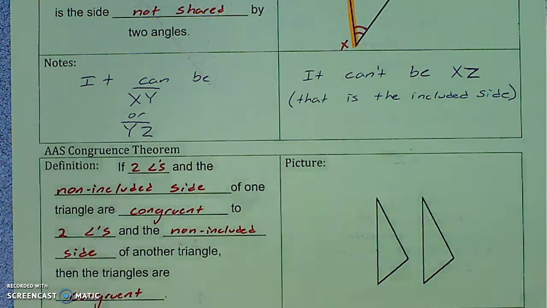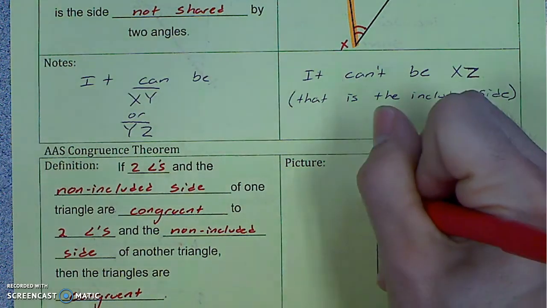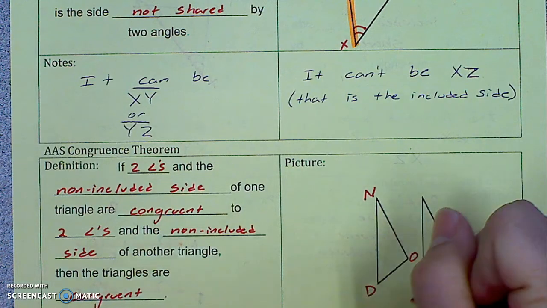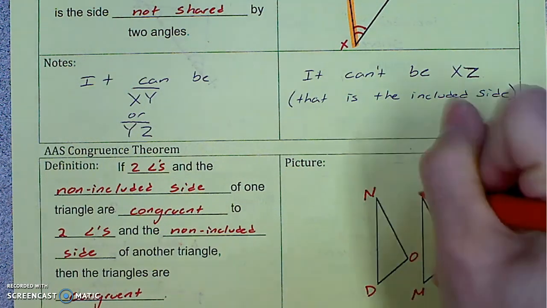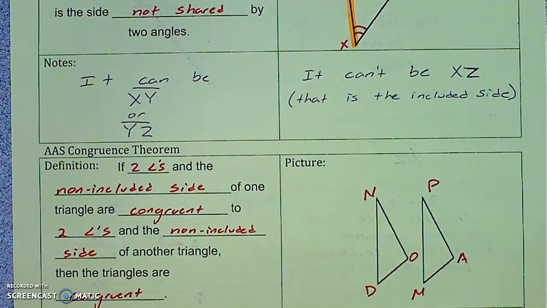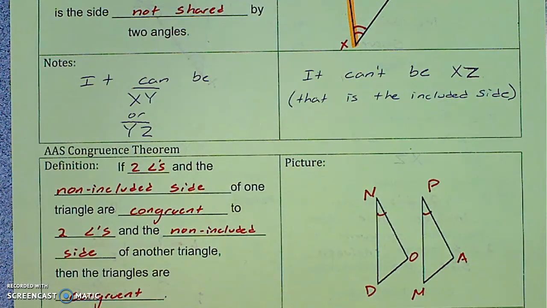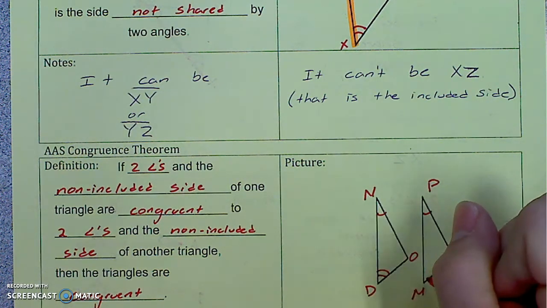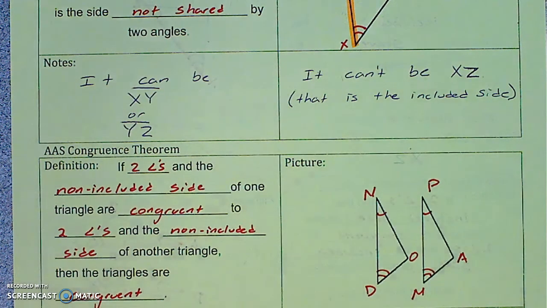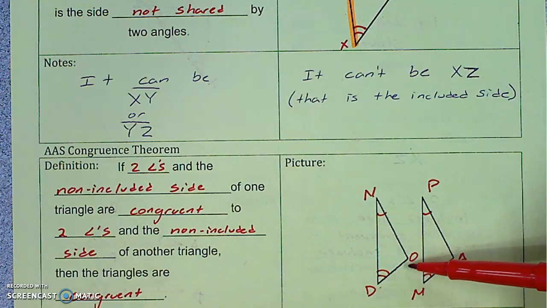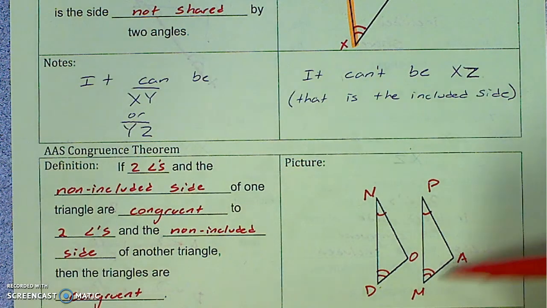So let's look. Let's plot it first. We get N, O, P, M, A, and P. If I say that N is congruent to P, that's one angle. D is congruent to M, that's another angle. Now we need a non-included side. You have two options, NO or DO for this triangle, PA or MA for this triangle.